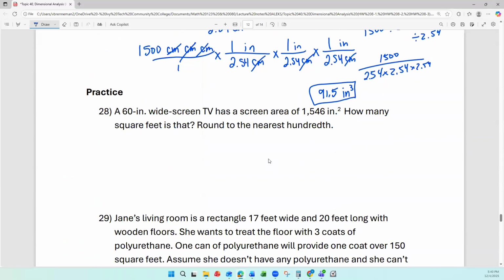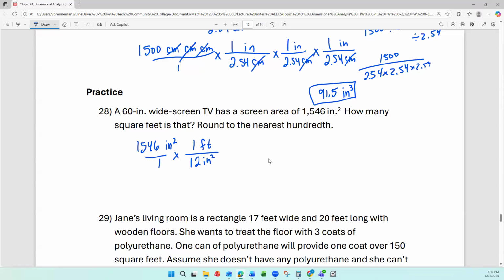Number 28, a 60-inch wide screen TV has a screen area of 1,546 square inches. How many square feet is that? So I'm starting with the 1546 square inches. And I have 12 inches on the bottom to 1 foot. I don't just have inches, though. I have square inches.